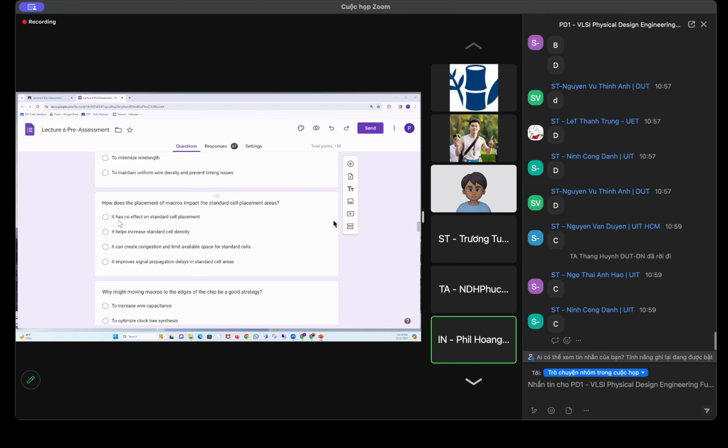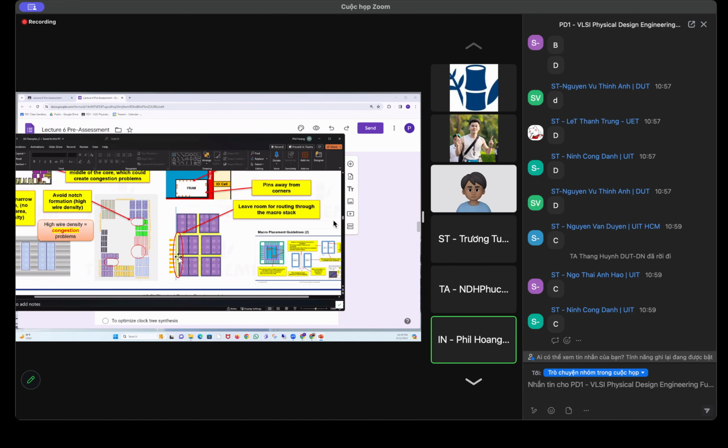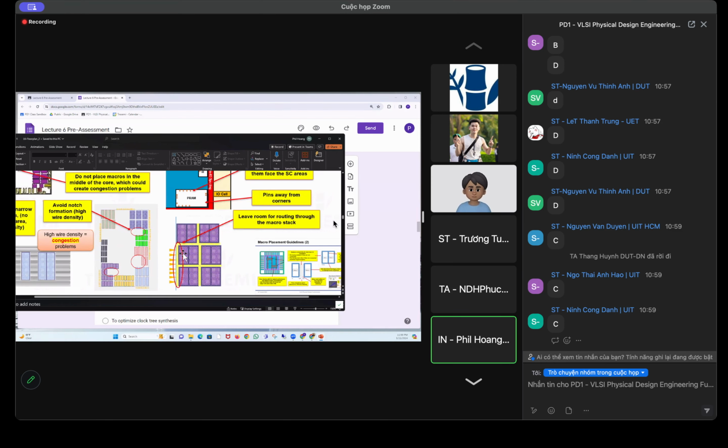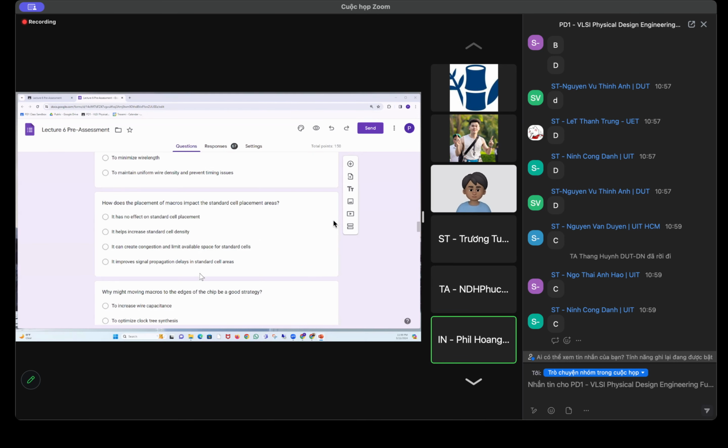Yep, the answer is C. It can create congestion, like we mentioned with notches and also the areas here. If you don't leave enough space for all these I/O to escape, it will create some congestion problems. And so that's easy to understand.